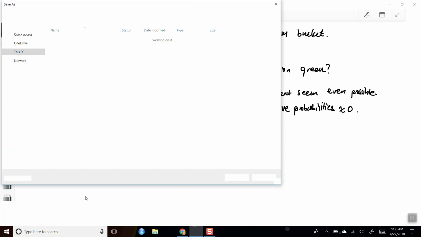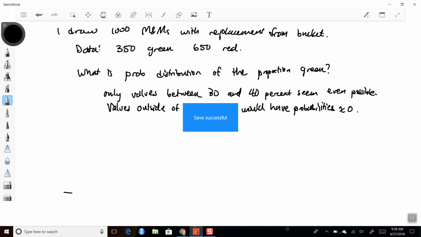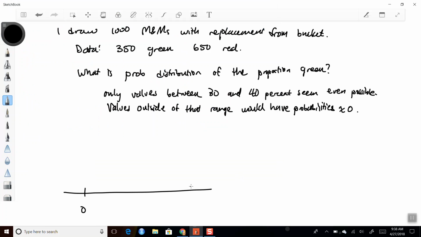And so our resulting distribution for 0 and 1, and this is 0.5 and 10, 20, 30, 40, would probably look something like this, okay?